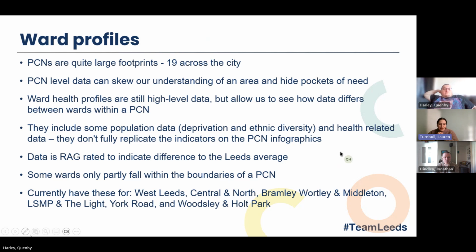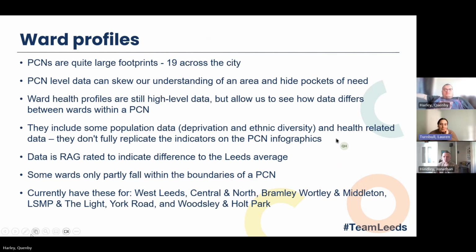They're still high level data, but they break things down into the smaller footprints of the wards. Similar to the PCN infographics, they've got a mixture of population data, looking at deprivation and ethnic diversity, and also health related data.